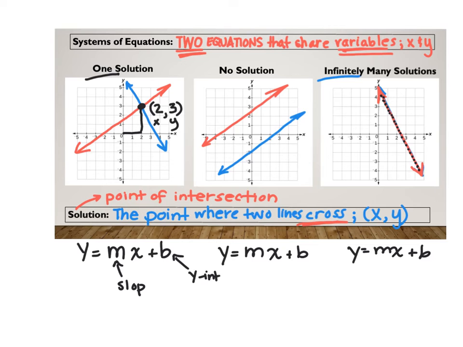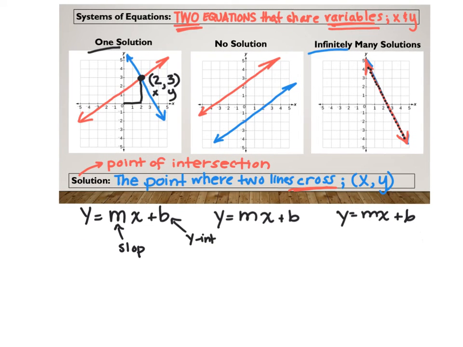So for one solution, when you graph these two equations, they're going to have a different slope, so a different m, that's what you have on your paper, and they're going to have a different b, a y-intercept. So one solution, the equations look completely different from each other.